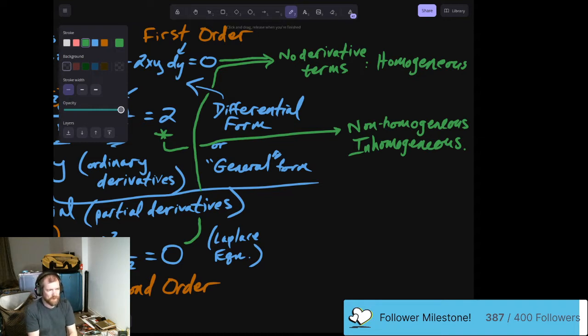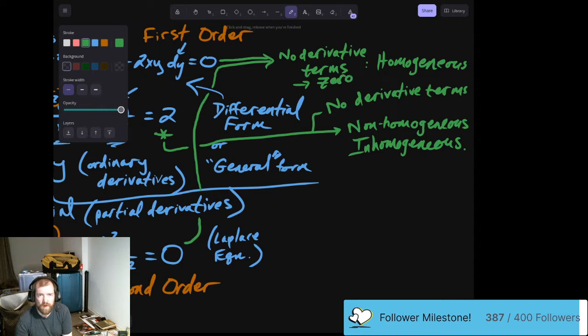I'm wishing I remembered what the classification word was for that one, but right, when it is 0, then it's homogeneous, and when it is not 0, that's when it gets the name non-homogeneous or inhomogeneous. So either of those work.